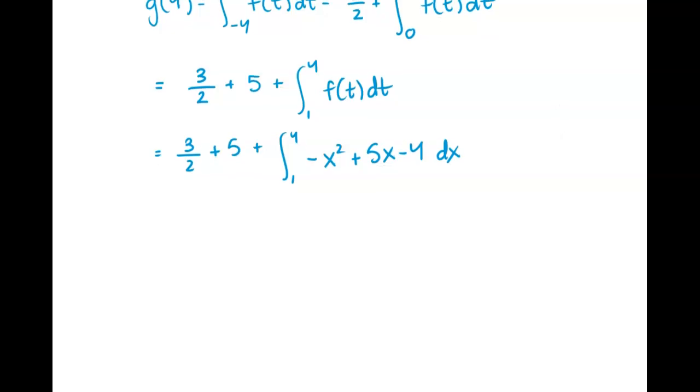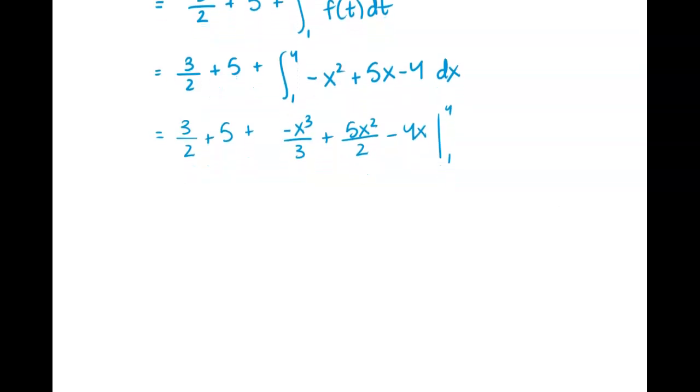We can do this. So 3/2 plus 5 plus the integral: -x³ over 3, 5x² over 2, minus 4x, evaluated from 1 to 4.